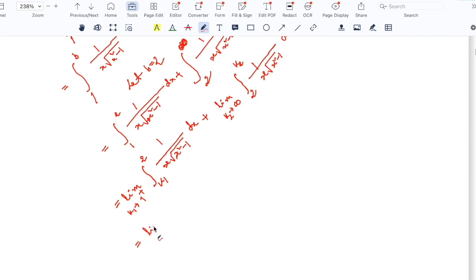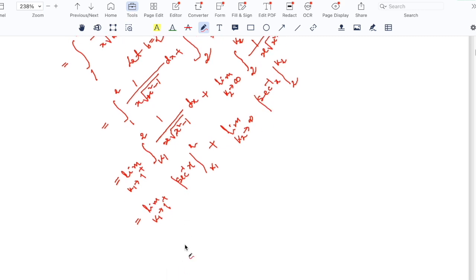Now for the first integral, we know the integration of 1 by x root x square minus 1 equals sec inverse x, from k1 to 2, plus limit k2 tends to infinity, and this one also sec inverse x, to k2.